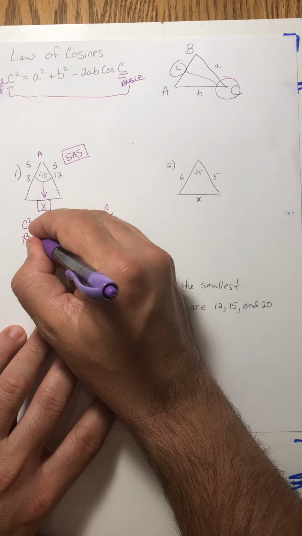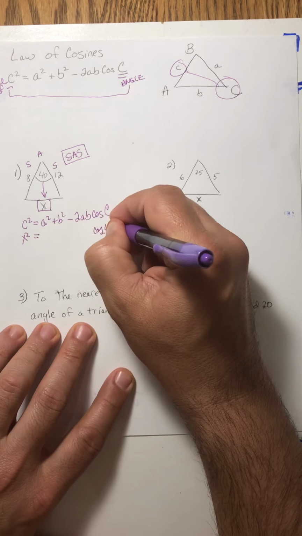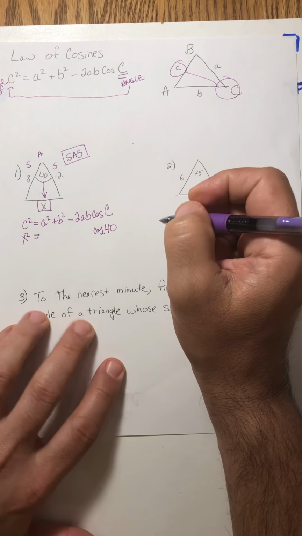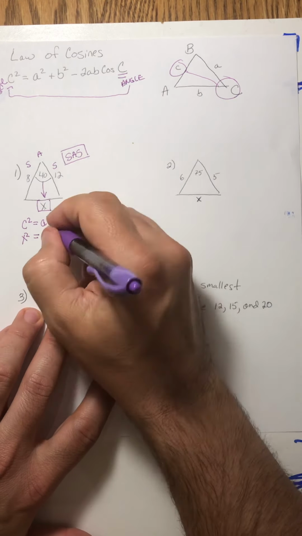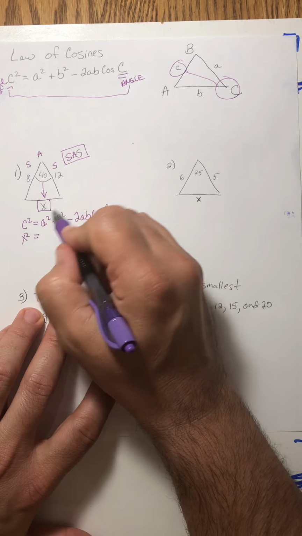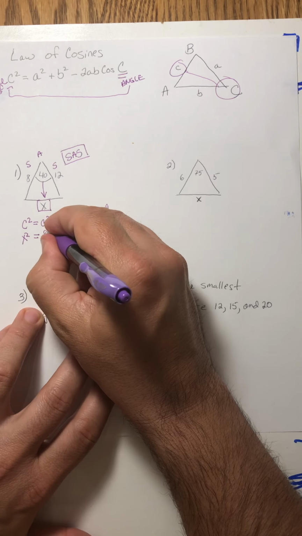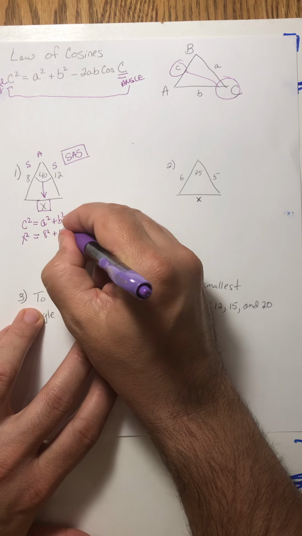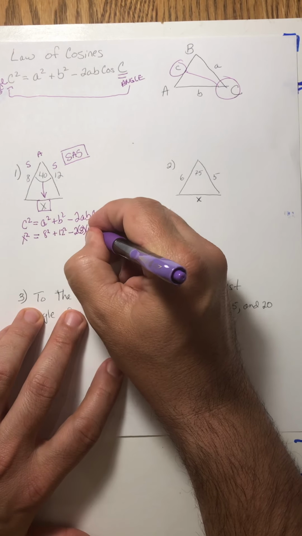X squared is equal to, cosine of the angle. Now I just have to fill in the A's and B's with those two numbers, because that's your side, angle, side. These are the sides that make up this angle. So we have 8 squared plus 12 squared minus 2 times 8 times 12.